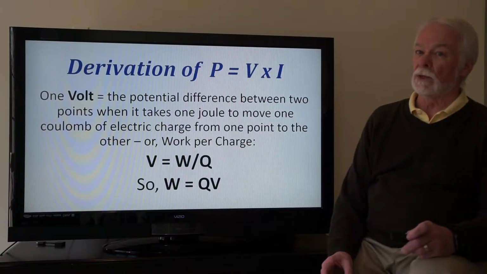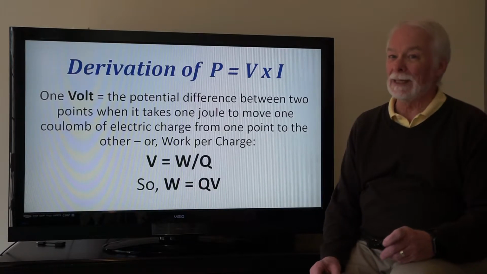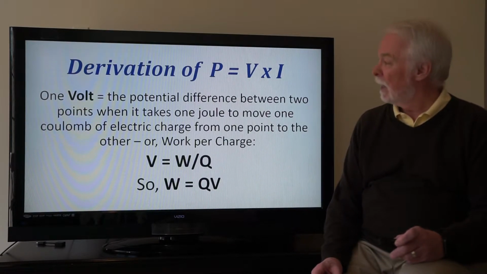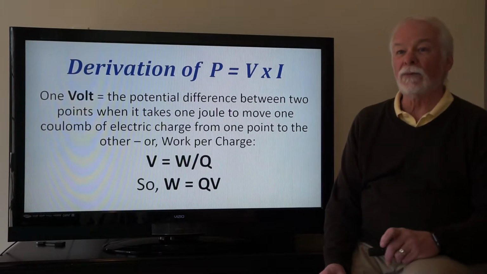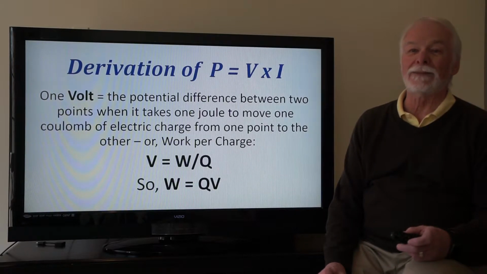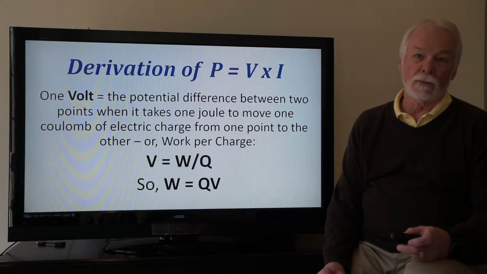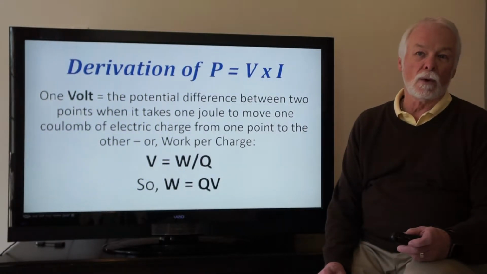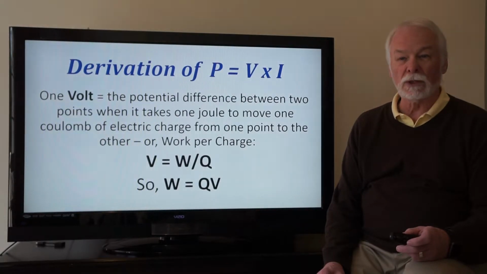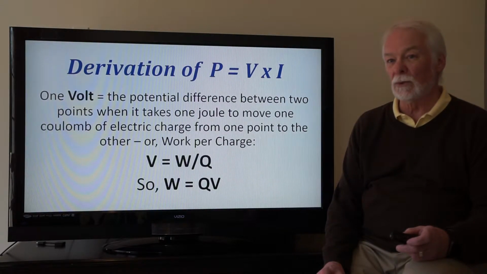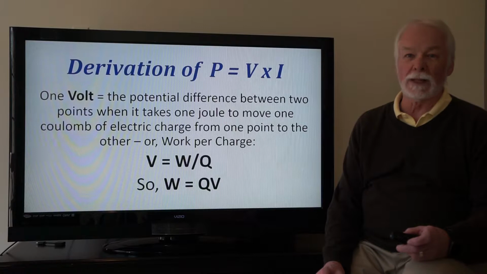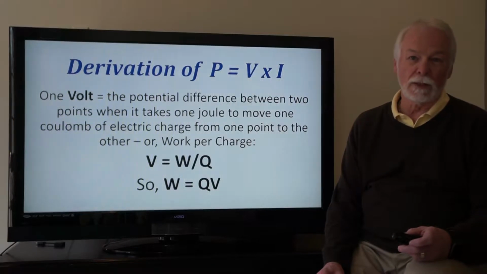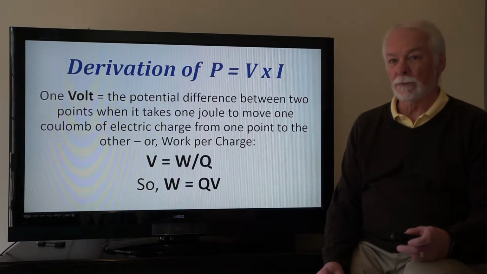So, for a slightly more technically complete explanation, let's look at the formulas associated with the definitions of these quantities, and we'll see how it all comes out on paper. We'll start by defining volts and amps, and then combine those formulas with our power formula, and see how we do.